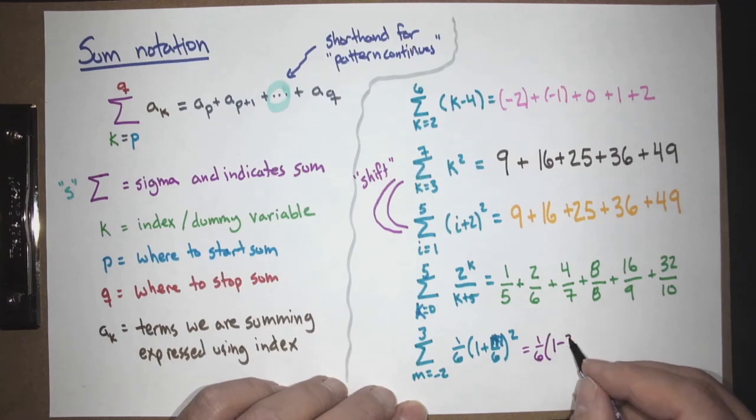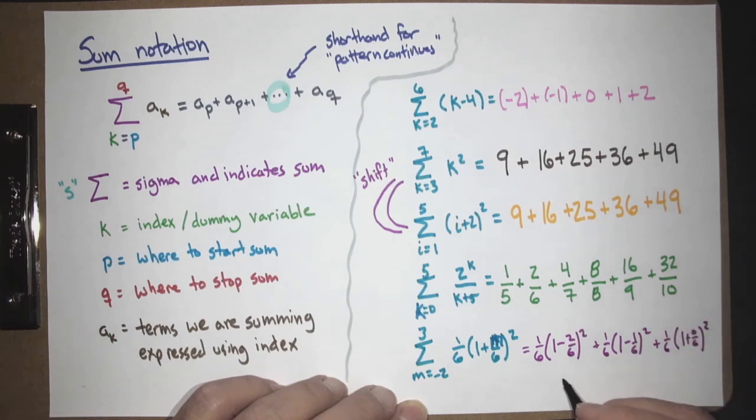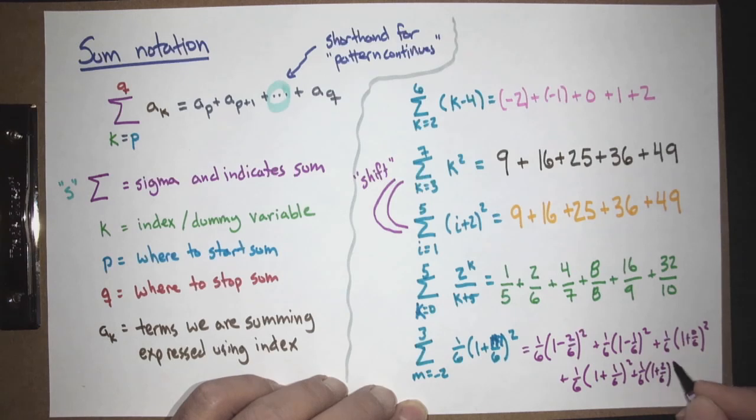So say 1 minus 2 over 6 squared plus 1/6, 1 minus 1 over 6 squared plus 1/6, 1 plus 0 over 6 squared plus 1/6, 1 plus 1 over 6 squared plus 1/6, 1 plus 2 over 6 squared plus 1/6, 1 plus 3 over 6 squared.